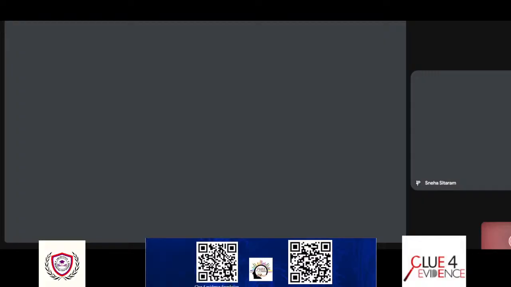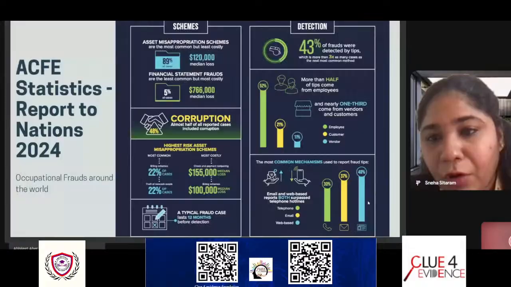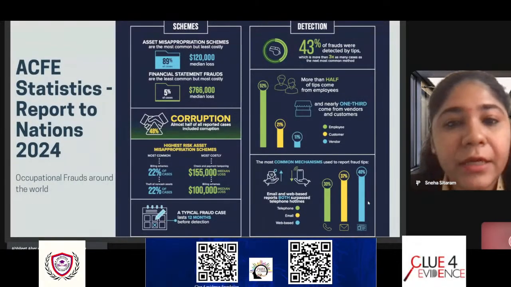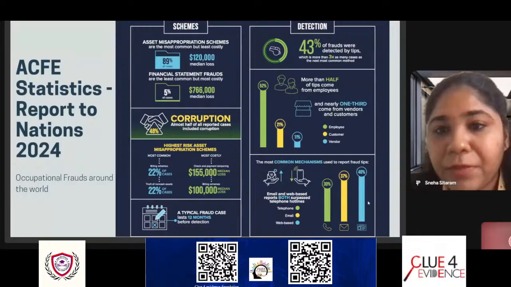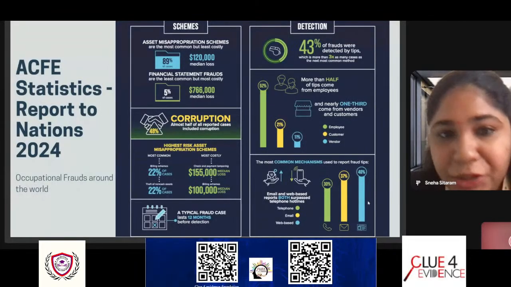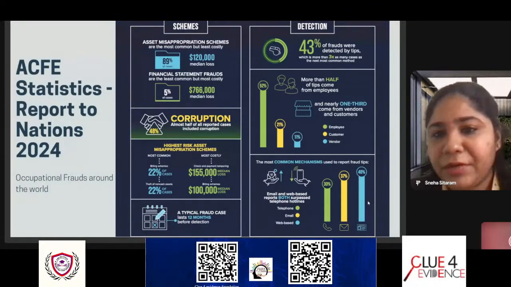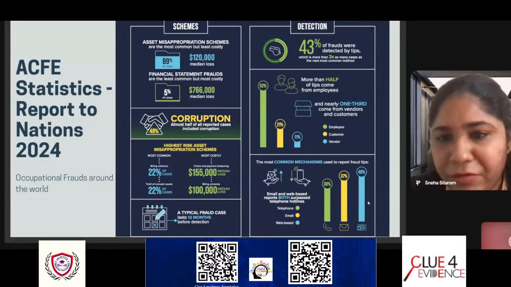And if you see, most of these frauds are detected through tips. Tips mean anyone from the organization who has whistleblown on this particular issue, or the fraud is highlighted through various means. We have two to three different means, and some companies follow different ones.